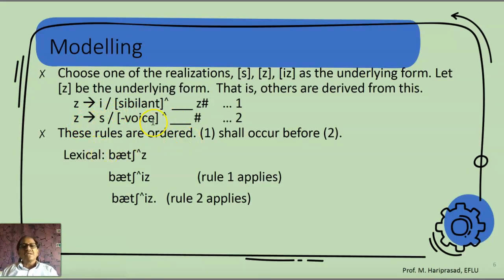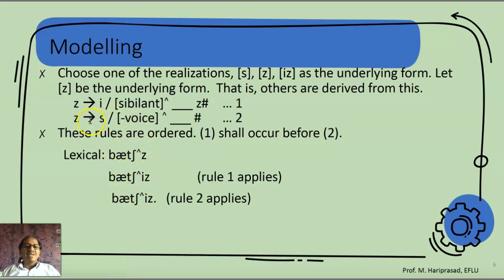Let's look at what happens in the case of sibilants. You have batch, morpheme boundary, and z as the plural morpheme at the lexical level. This z has to change, so e is inserted before z. Rule 1 applies. Can rule 2 apply?